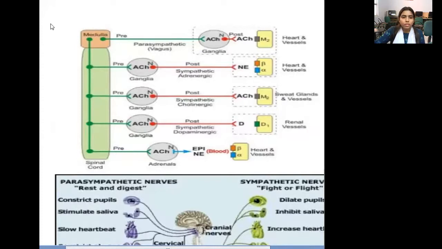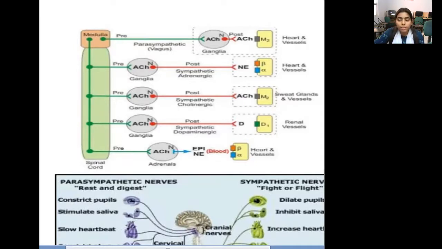So you can see this diagram. In this diagram, you can see the CNS is the central nervous system, PRE is the preganglionic and POST is the postganglionic. Here ACH is acetylcholine, N is nicotinic receptor, NA is norepinephrine, and EPI is epinephrine. D is denoted here as dopamine.